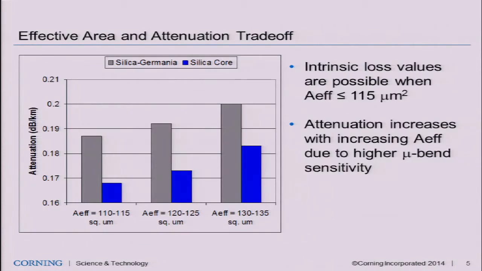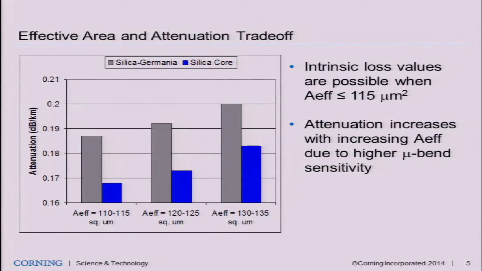So, in order to make a low-loss fiber, you have to engineer the fiber material design very carefully, to achieve the fiber intrinsic loss. As I mentioned, when the effective area becomes larger, you have other factors affecting the fiber attenuation.